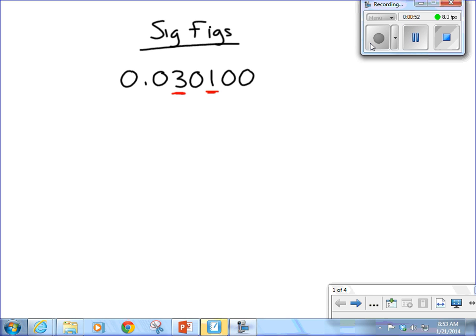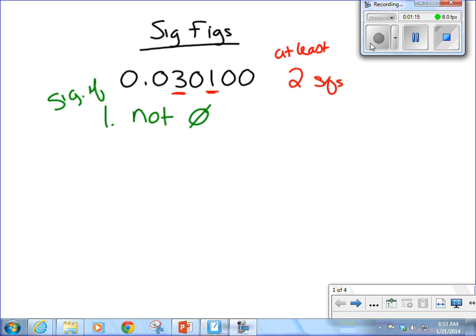So number 1 is that it's significant if it's not 0. So that 3 and that 1 are significant. So we have at least 2 sig figs in this number. At least. It's not 2 sig figs. There's more. But it's at least 2 significant figures.